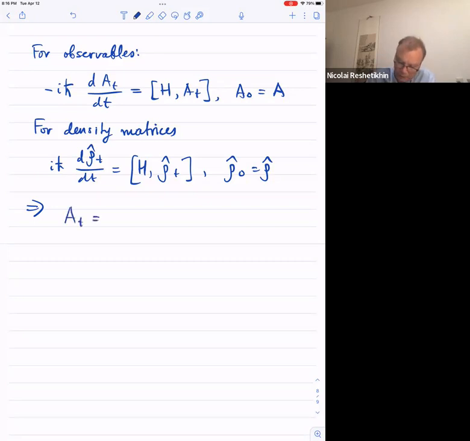So A_t equals U_t inverse A U_t, and rho_t equals U_t rho U_t inverse. U_t is called the time propagator.